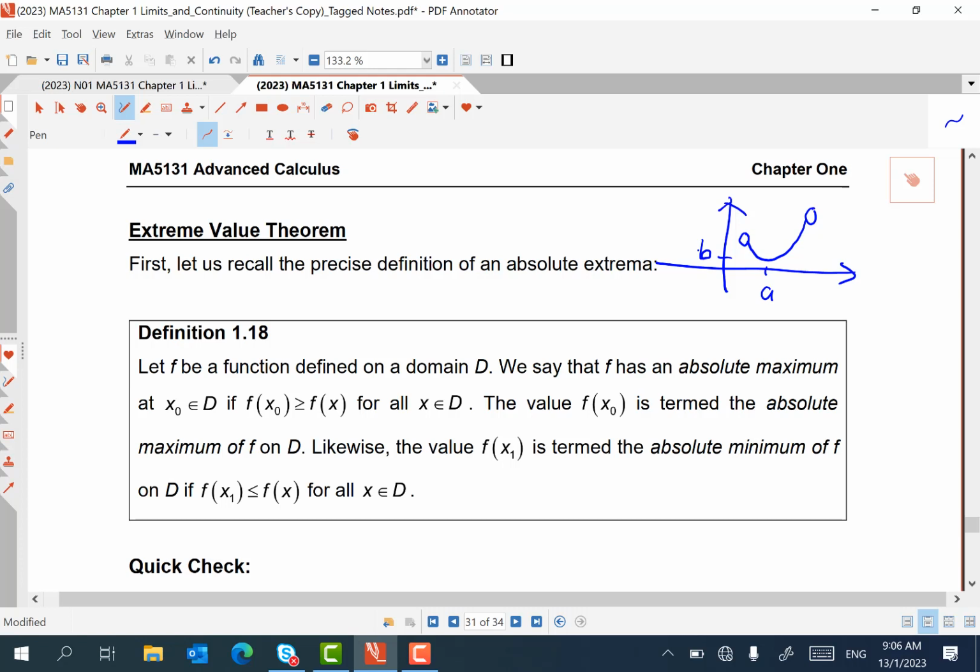B. Yes, the absolute minimum is B. How about the absolute maximum? Does not exist. In this case, it does not exist.